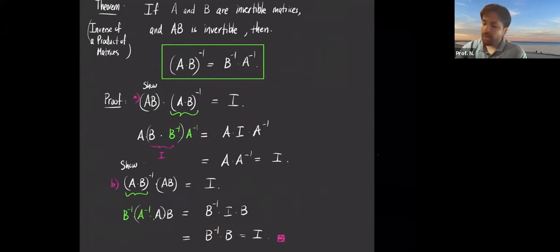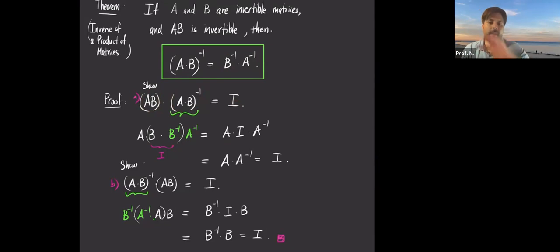It's just, if I were to claim that this is indeed the inverse of AB, then I would have to show two things. I would have to show that when I multiply this proposed inverse to AB, I get the identity. And if I multiply it to AB in the other direction, I would also get the identity. That's what it means to be an inverse.